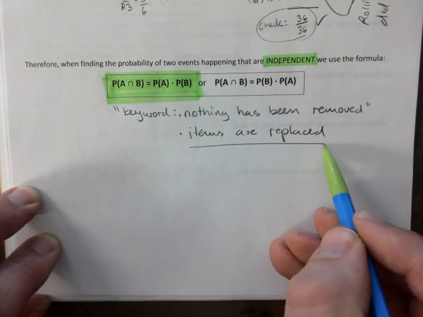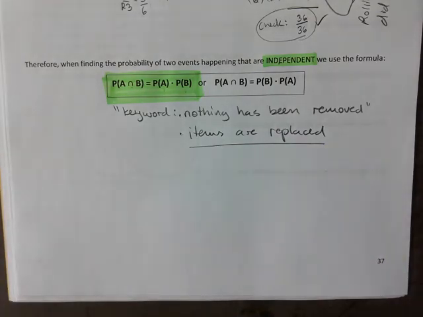So if you play a card game and you draw a card, you get an ace, but then you put it back in the deck, you are not looking at dependent events anymore. Does that make sense, guys? You put it back, it's not dependent, so don't fall for it.